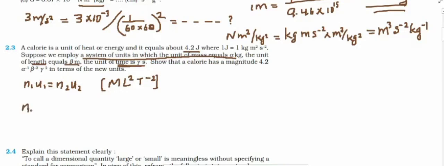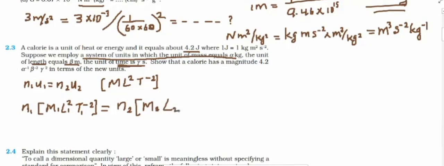For the two systems, we can take n1 into M1 L1 square T1 raised to minus 2 is equal to n2 into M2 L2 square T2 raised to minus 2.